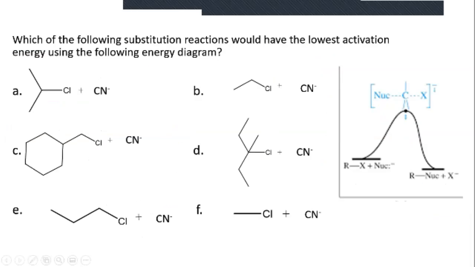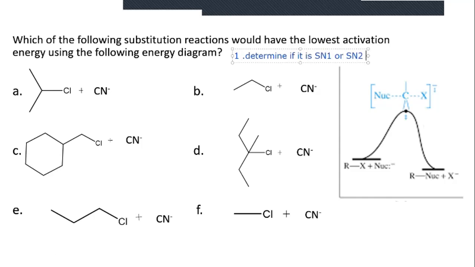Next, we want to know which of the following substitution reactions would have the lowest activation energy using the following diagram. Again, first determine if it is SN1 or SN2 from the diagram.